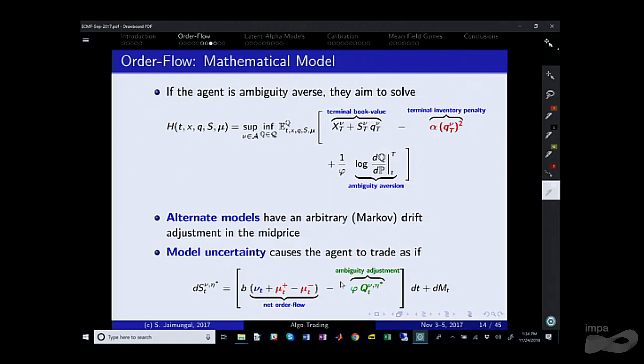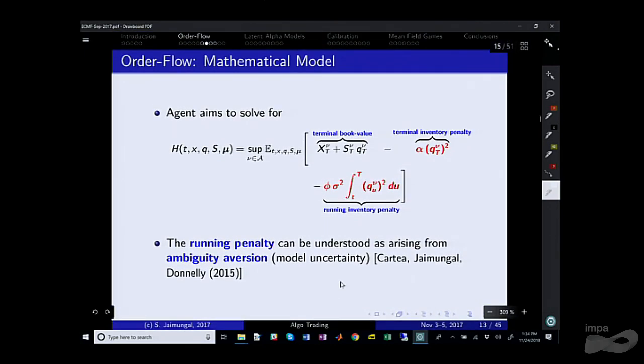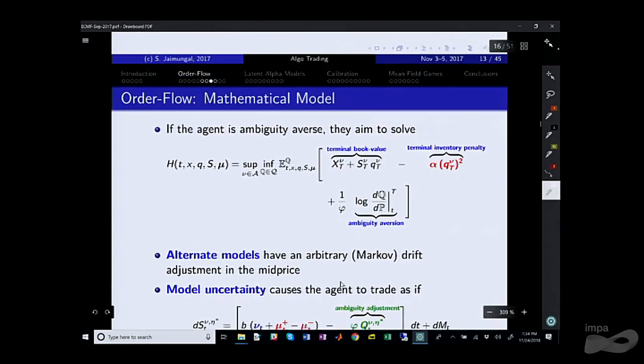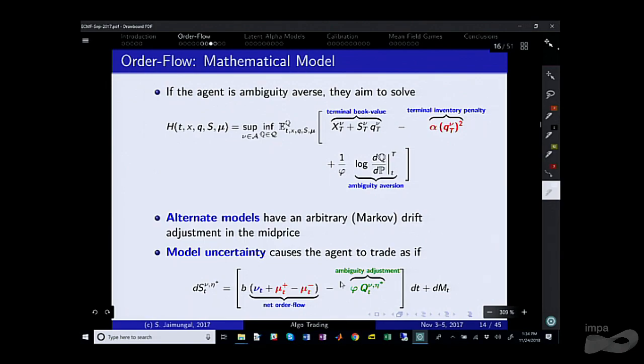If I have a long inventory, the asset's price dropping is going to hurt me. So to protect myself from my uncertainty in the model, this is the dynamics that the optimal measure picks out. This is an interesting result. It is a result in a paper in SciAm by myself and two of my co-authors, Alvaro, who's at Oxford, and Ryan, who's currently at Washington.